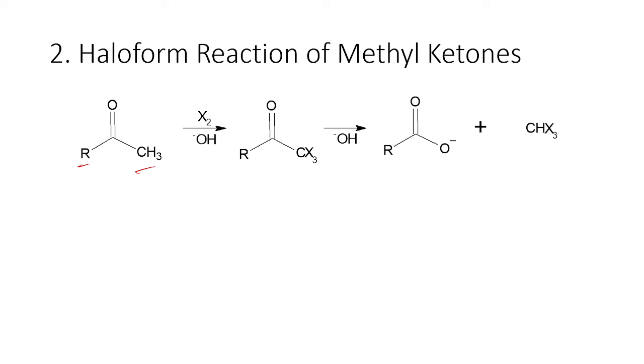So, in that, due to the presence of halogen and our base there, our hydroxide, we may have the substitution of our halogen dun sa ating mga hydrogen. That's why we have here the CX3. That X is actually our halogens.